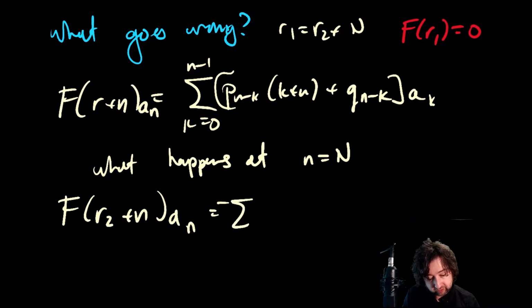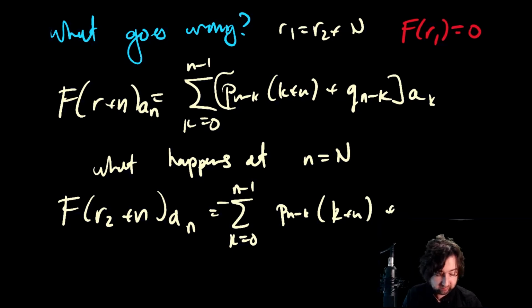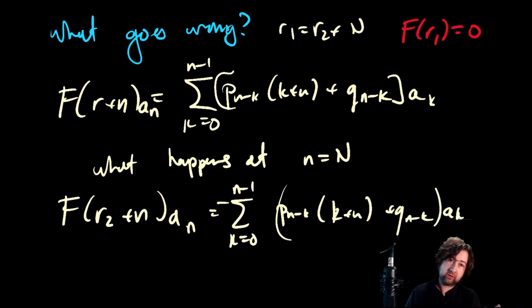And over here, you've got the sum k equals 0 to n minus 1 of pnk times k plus n plus qn minus k times ak, and you're plodding along and going and going, and then all of a sudden you hit n is equal to capital N. What does this turn into?